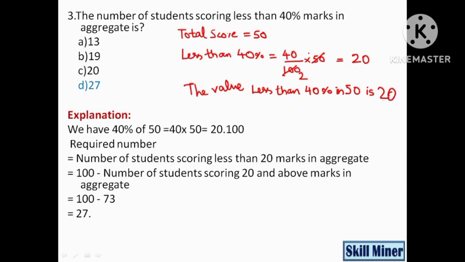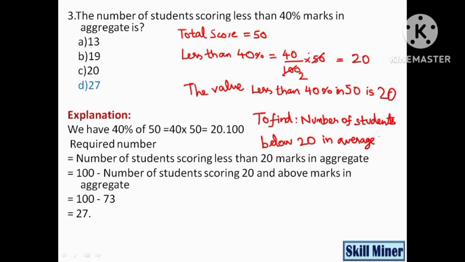We need to find the number of students who are below 20 in average, that is average or aggregate.